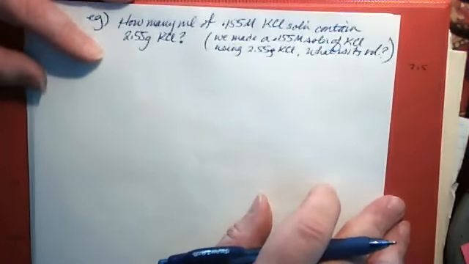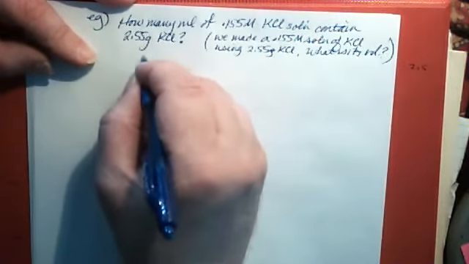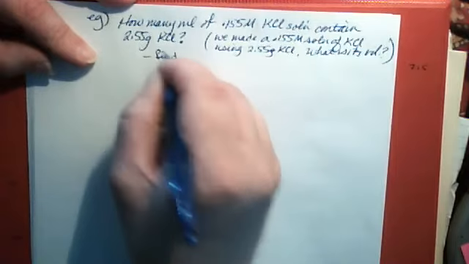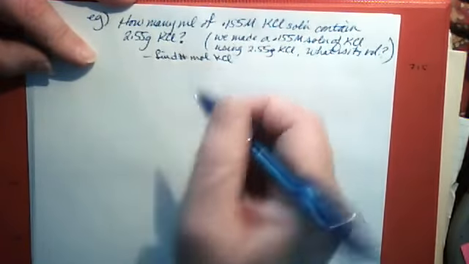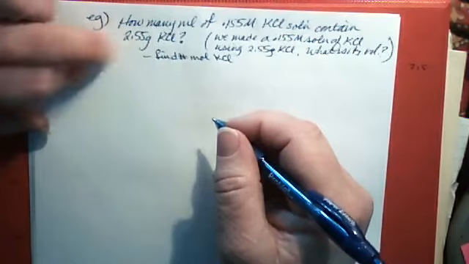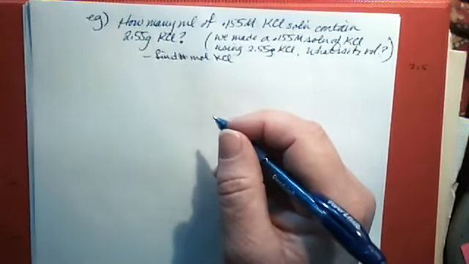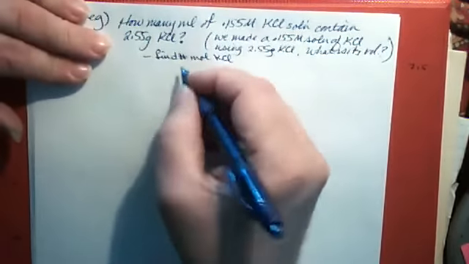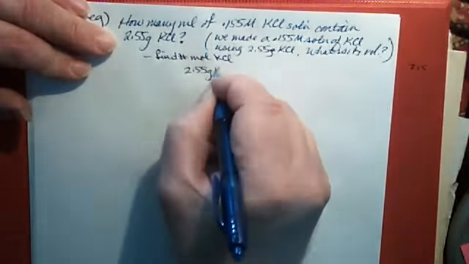Okay, so let's see, we have grams. So the first thing we'd want to do would be turn grams into moles, because molarity involves moles rather than masses. Okay, so 2.55 grams KCl.